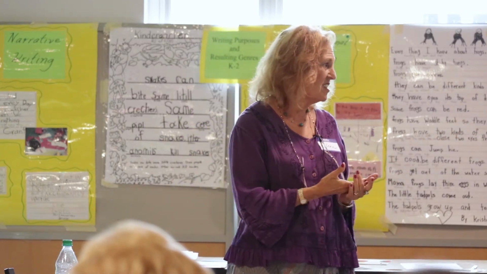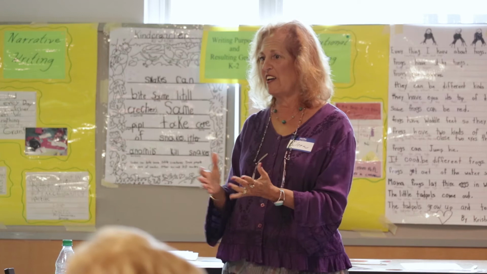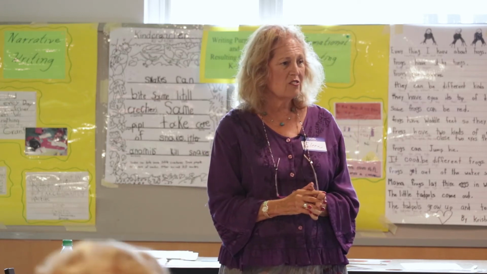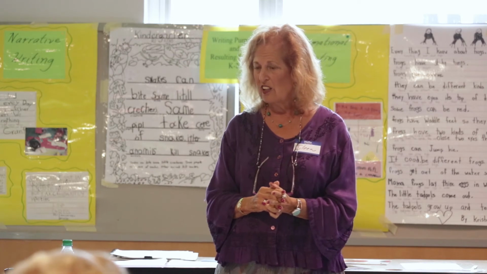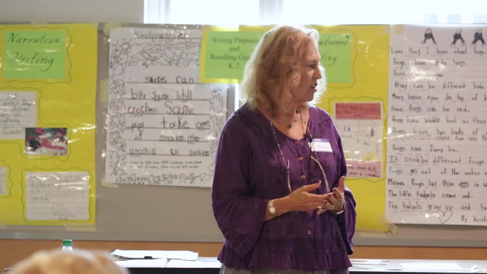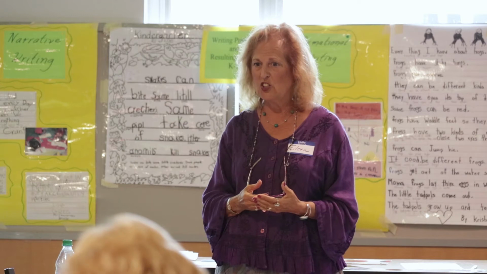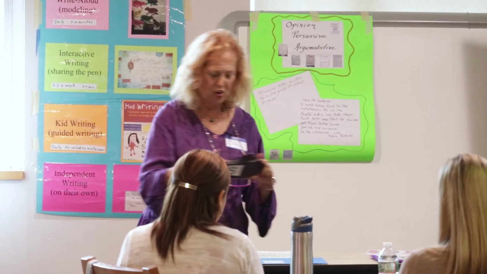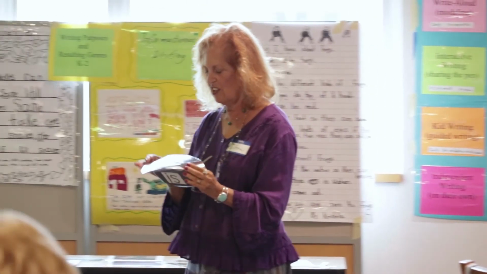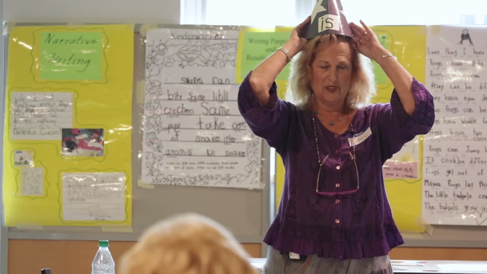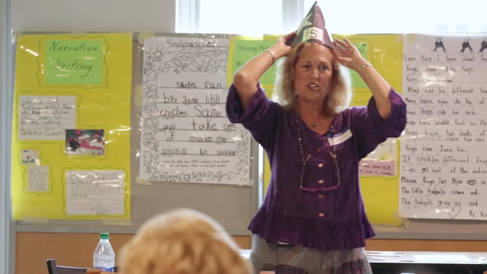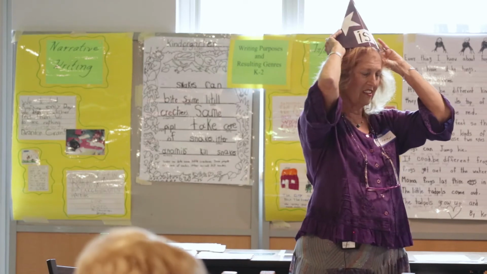Is, of course, has a Z sound at the end, represented by an S. And I know that kids do better in their learning if they understand something rather than if it's just memorization. So I created this little whiz-of-is, and I called it a kid crown because it was really a crown that a kid wore. And so it was someone's job to be the whiz-of-is.